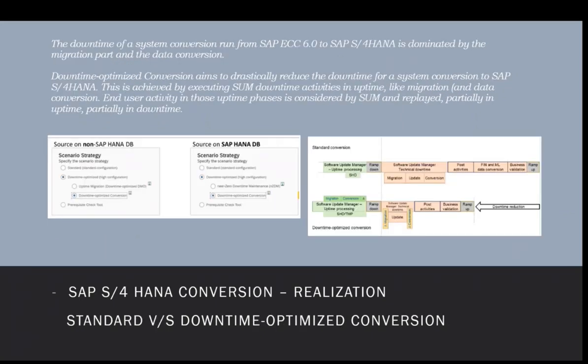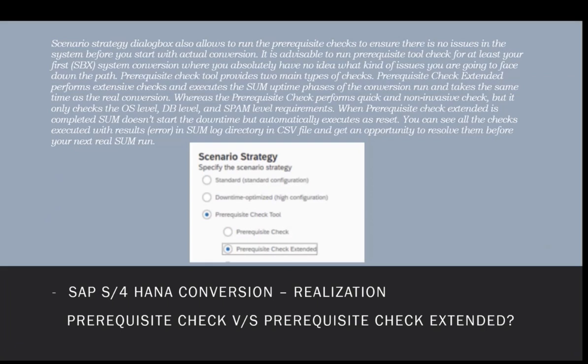Yeah. So we can initiate a prerequisite check. Suppose while doing the conversion, we can face many errors. So instead of going into a real-life scenario, we need to do a prerequisite check, which will help us gather all the real-time scenario errors before we run it on the production system.